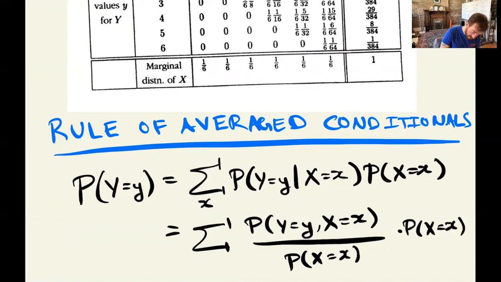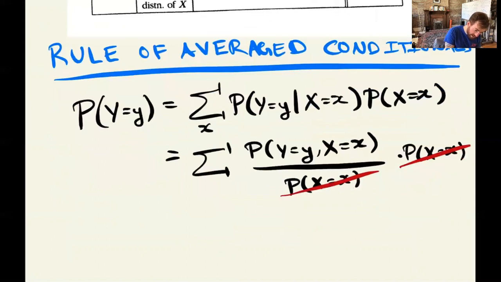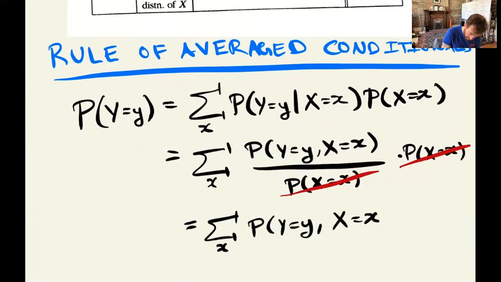But if we go ahead and cancel this out, we now see that this is just the expression of marginalization. So this process right here is the same thing as the rule for marginalization.